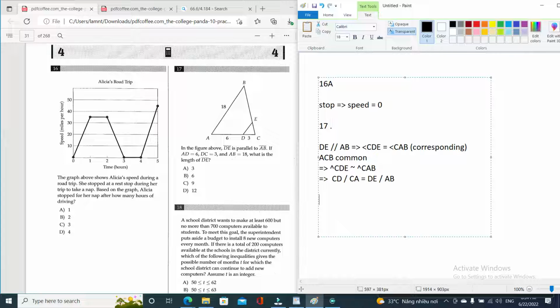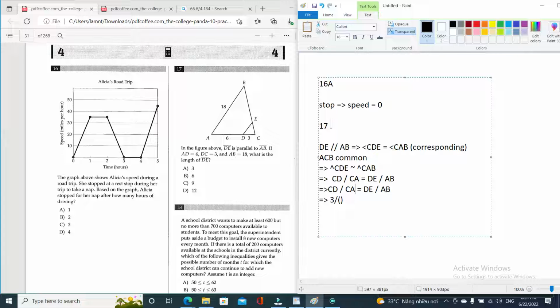CD is 3 over CA is, okay, we're gonna have to correct this a little bit more.